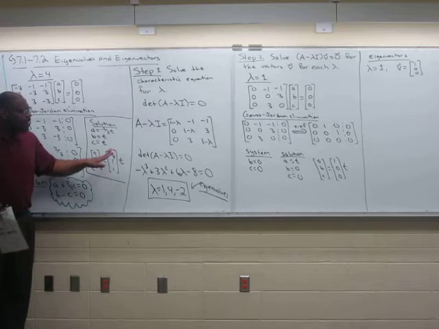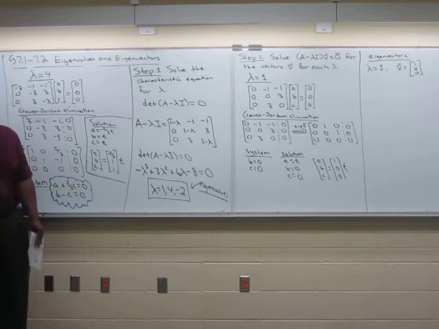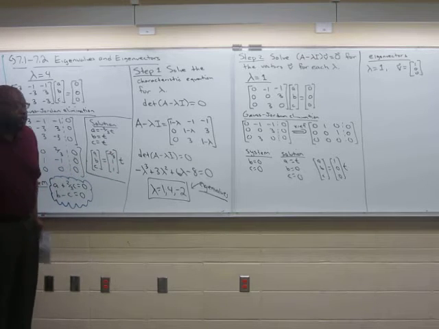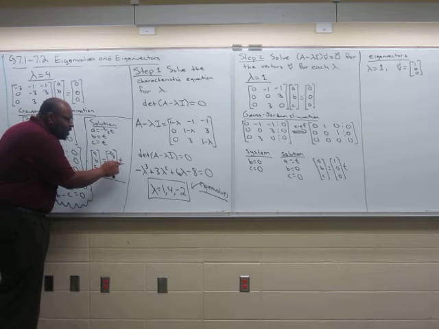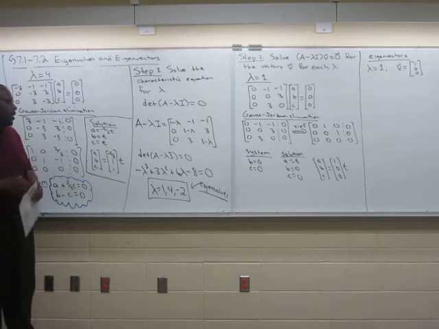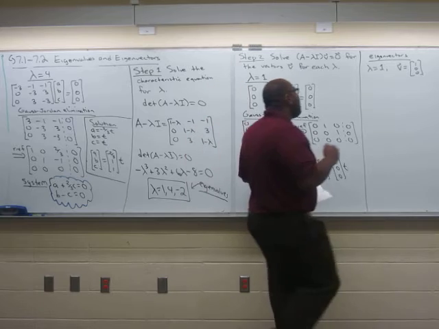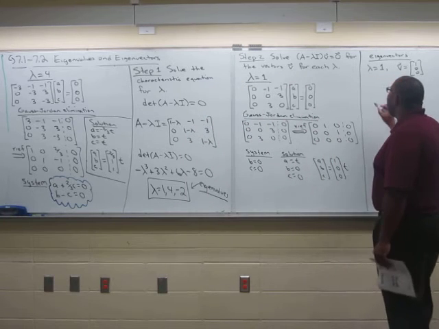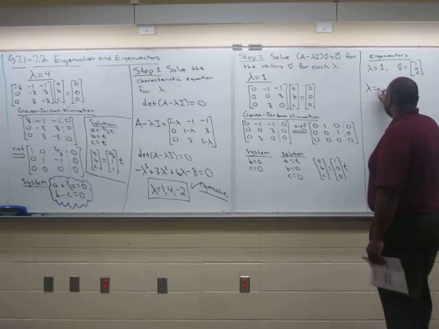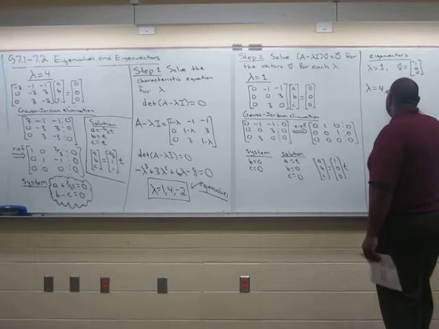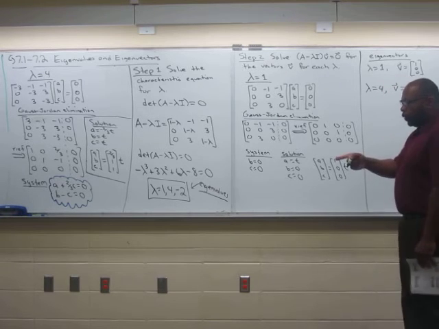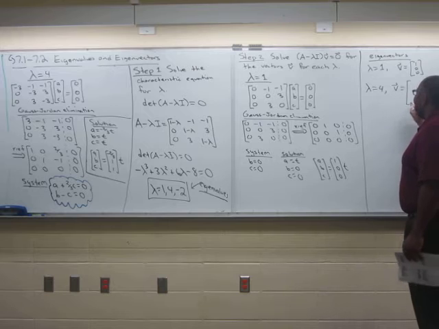So I'm going to make this so that I don't get any fractions, because I hate fractions. If I can get rid of fractions, I'm going to do that. So I'm going to let T equal 3. If T equals 3, then I get a really nice eigenvector without any fractions. So for lambda equal to 4, if I let T equal 3, my eigenvector looks like this: negative 2, 3, 3.